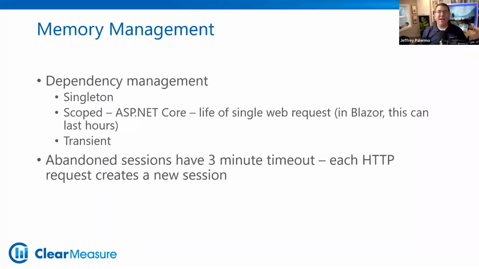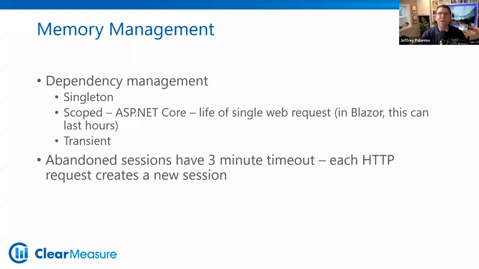web request never ends. Okay, so the net effect is scoped becomes not scoped as in singleton, scoped to the life of that particular user's session. Okay, very different from the life of a web request. Now it's the life of a user's session, which can last until they close their browser.